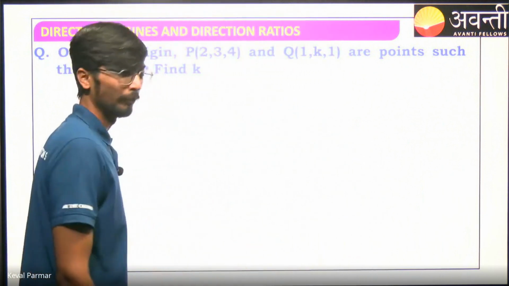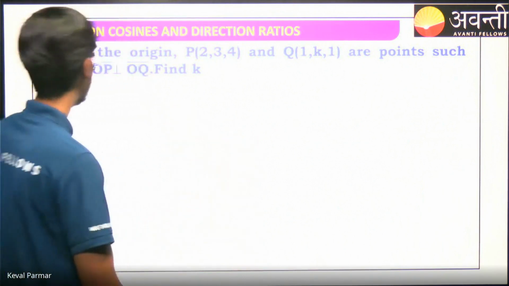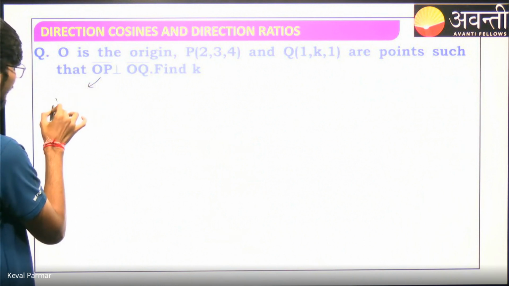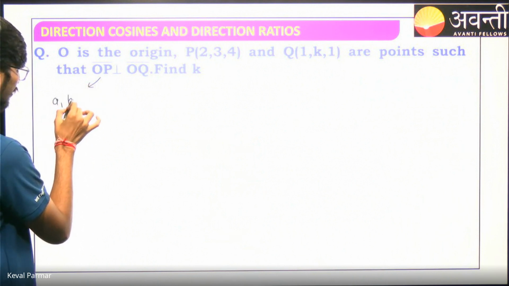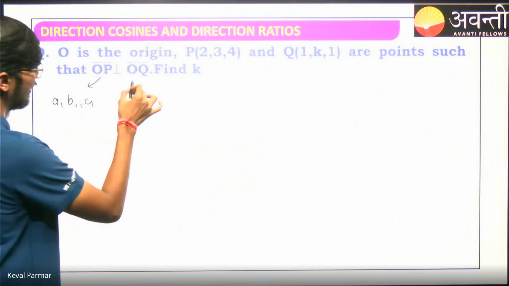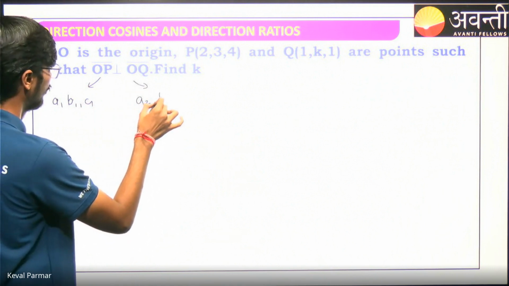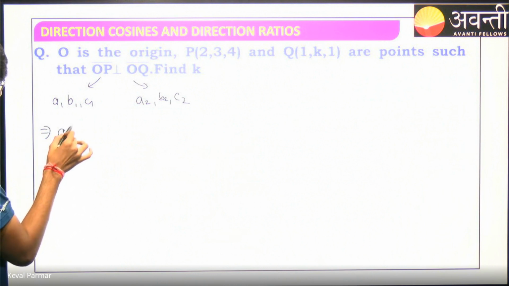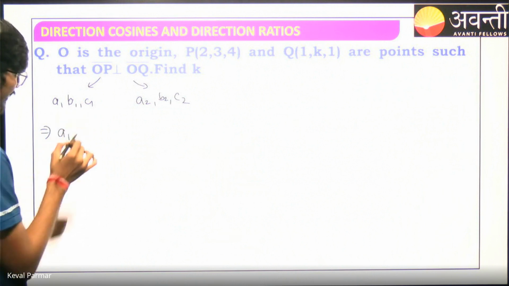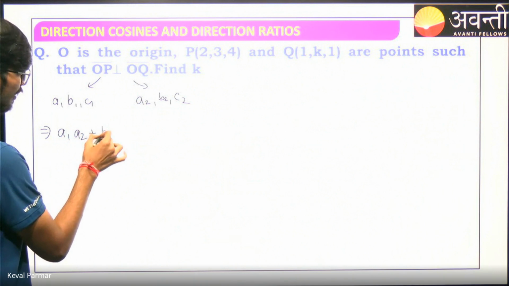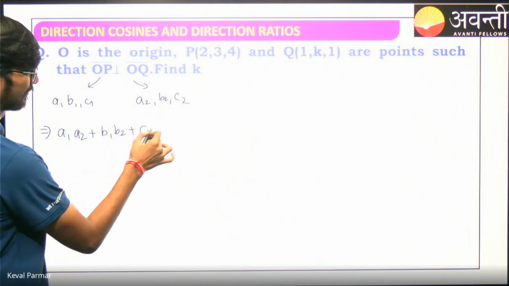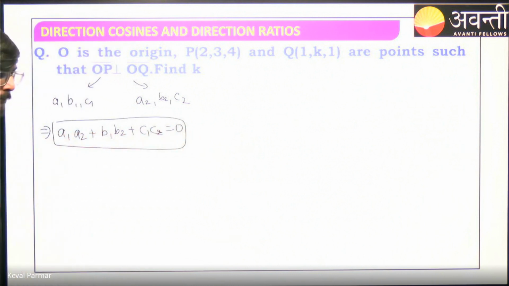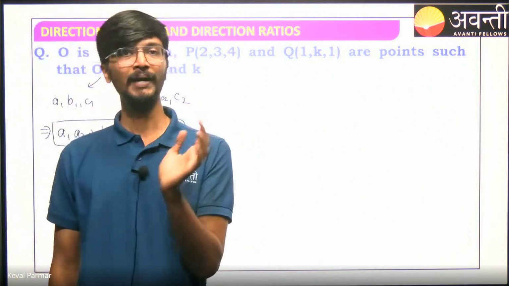Now, if OP is perpendicular to OQ, let the DRs of OP be A1, B1, C1, and the DRs of OQ be A2, B2, C2. So that means A1 A2 plus B1 B2 plus C1 C2 equals 0. This is the condition for two lines to be perpendicular.